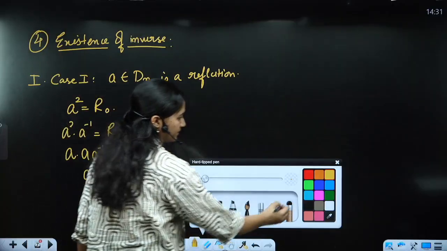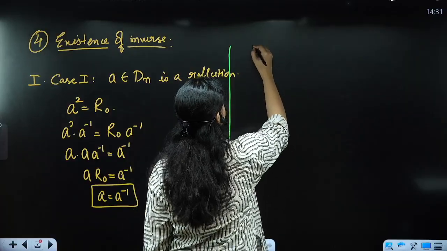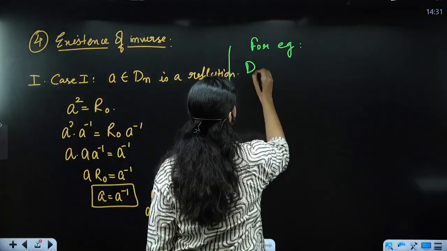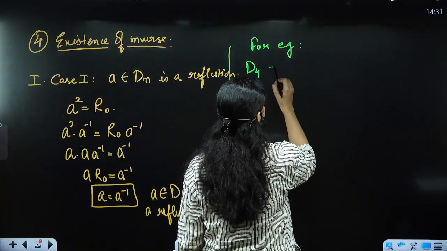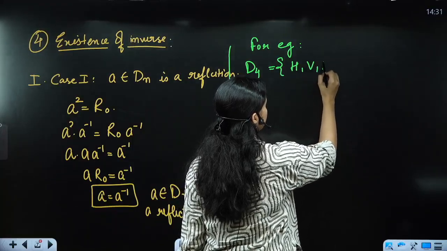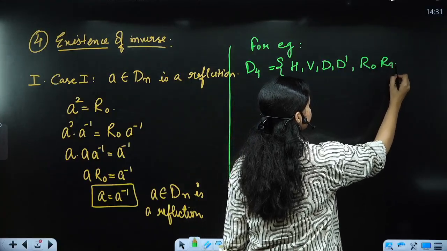So for example, if you want to take, let's say, D4, right? Now in D4, the reflections are H, V, D and D dash, and then you have the rotations.